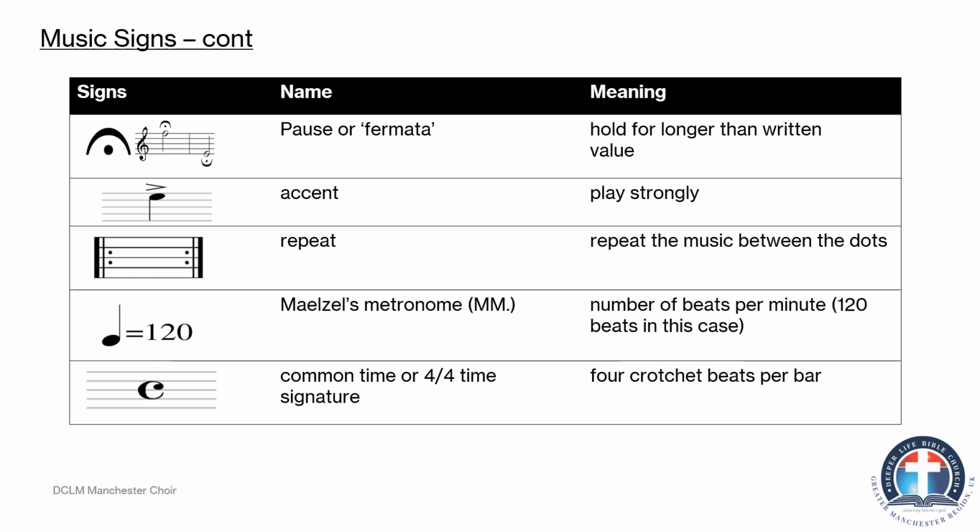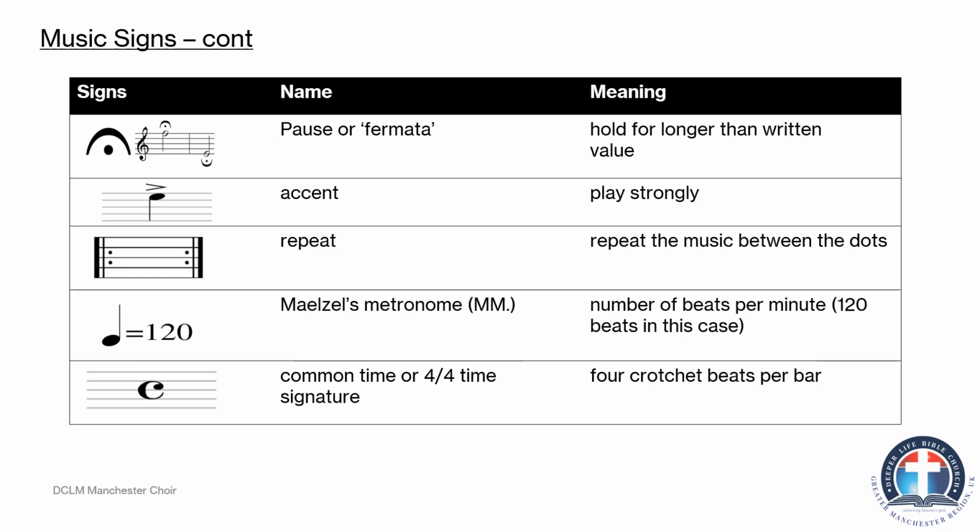So the next sign we have here is what we call the fermata. The fermata sign is normally represented as something that looks like an eye, the human eye. It can either be above the head of a note or below the head of a note.